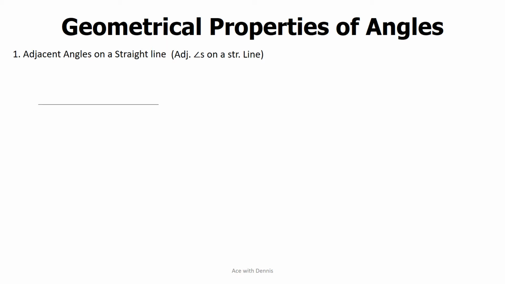So this is a straight line PQ. This is the angle. We label it as A, and this is another angle. We label it as B. So, since PQ is a straight line, angle A plus angle B equals 180 degrees.